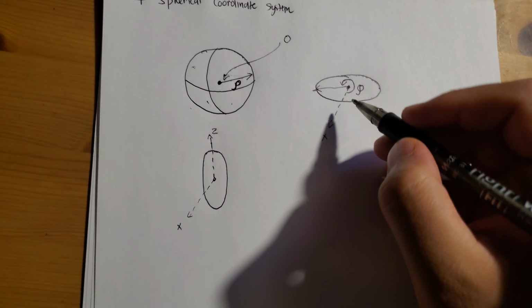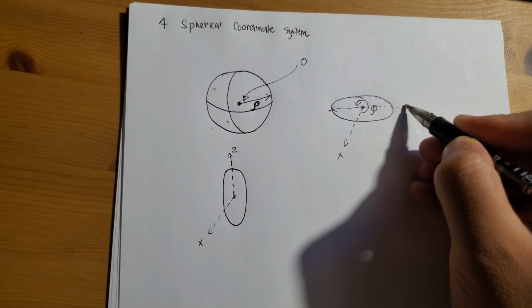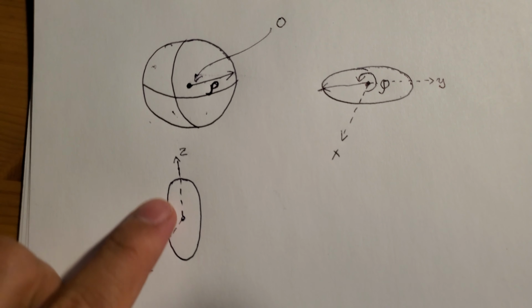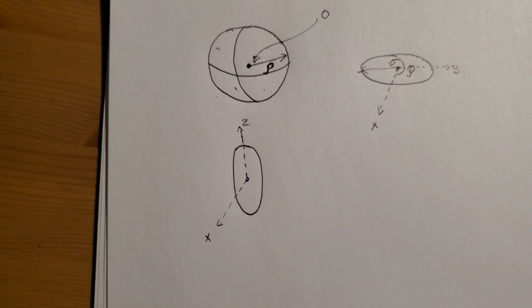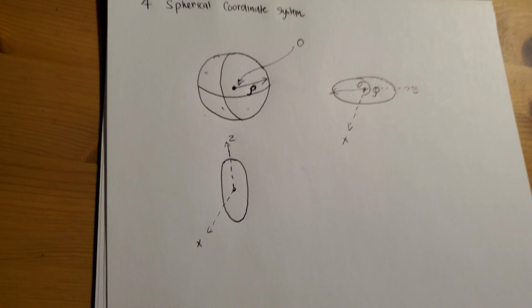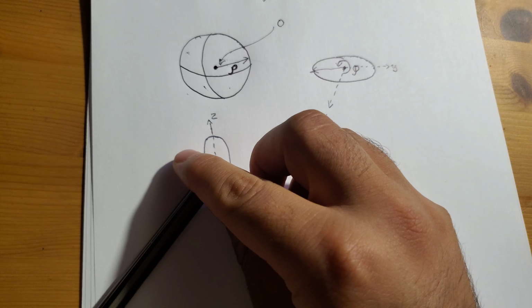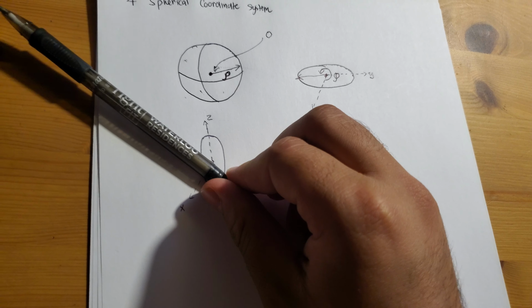This over here would be the xy plane, if I can draw this without messing up the picture. So here we have the zx plane, which basically tells us how much I have to go up from the x-axis to point towards my direction.